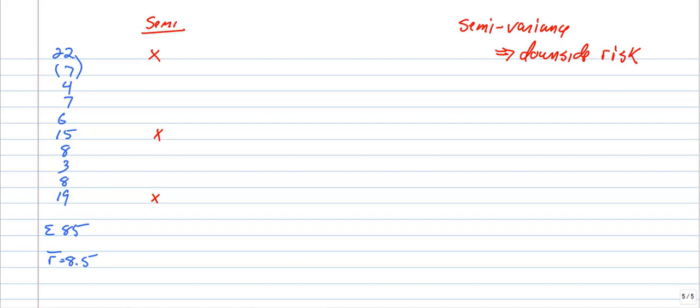Okay, your book does talk about another measure of risk called the lower partial standard deviation. It's actually similar to semivariance. So to calculate the lower partial standard deviation, we need another return to consider, and it's the risk-free rate.